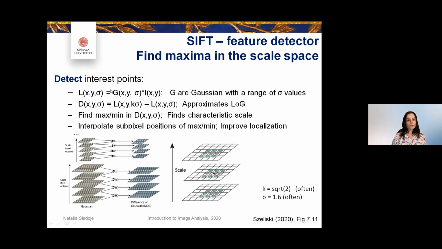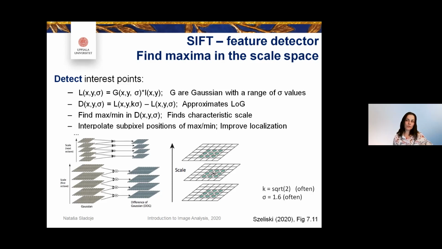So first, we commented that we need to create a scale space, and that means that we are smoothing our image with a range of Gaussian filters with different sigma values. And in SIFT, that is done in a quite structured and well-controlled way. SIFT creates a scale space in terms of what is known as octaves.